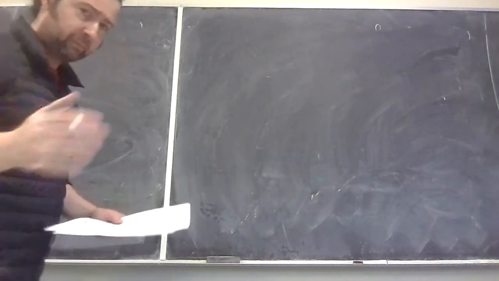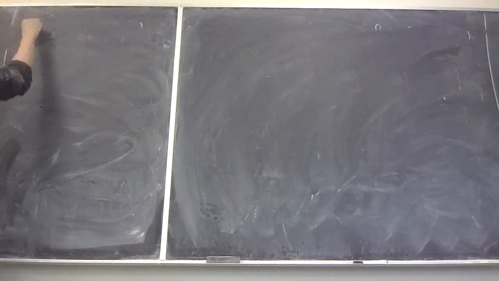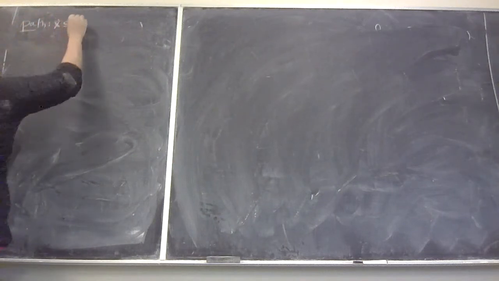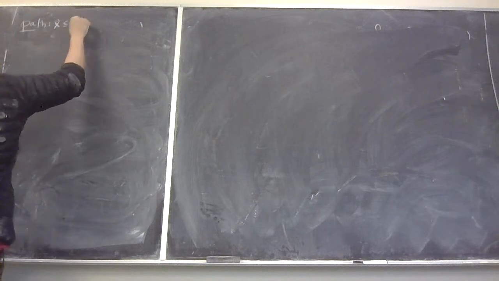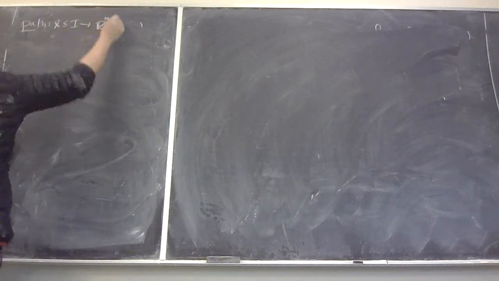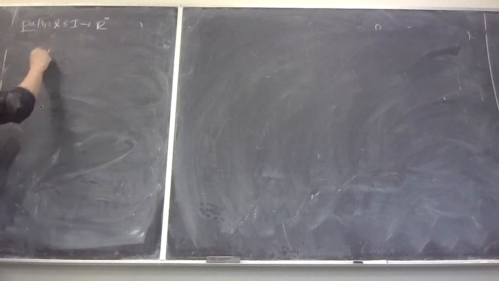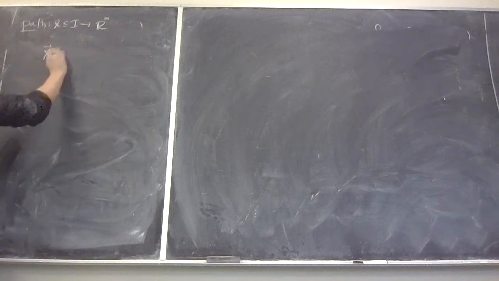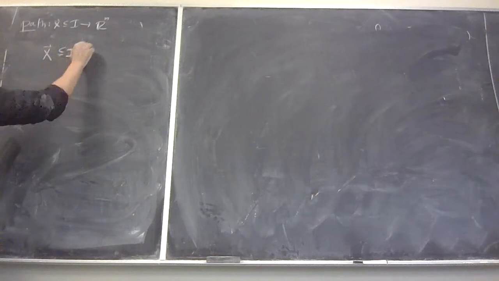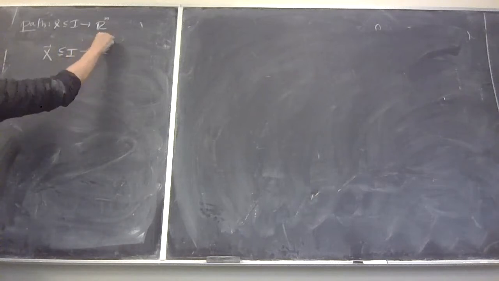And we were going to do it with a basis of a set of tools, to start with the idea of a path. So last time we defined the notion of a path to be a function x that took an interval and mapped it into n-dimensional space. For the purposes of what we're going to do today, we're going to be looking at paths that take intervals and map them into R3.